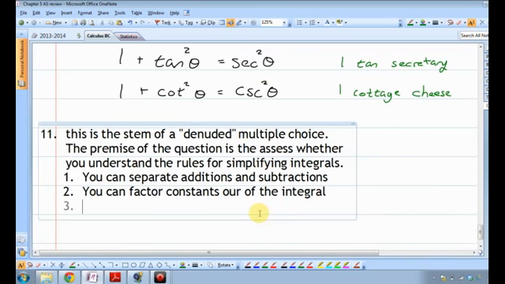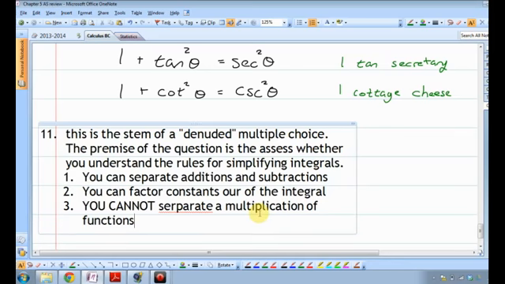Number three, you cannot separate a multiplication of functions, i.e., there is no product rule.